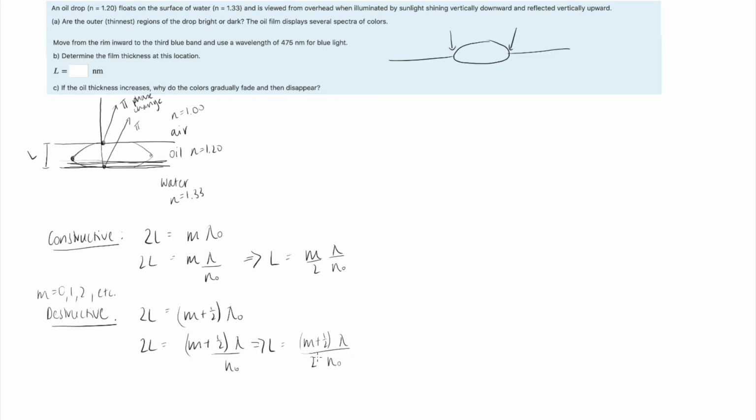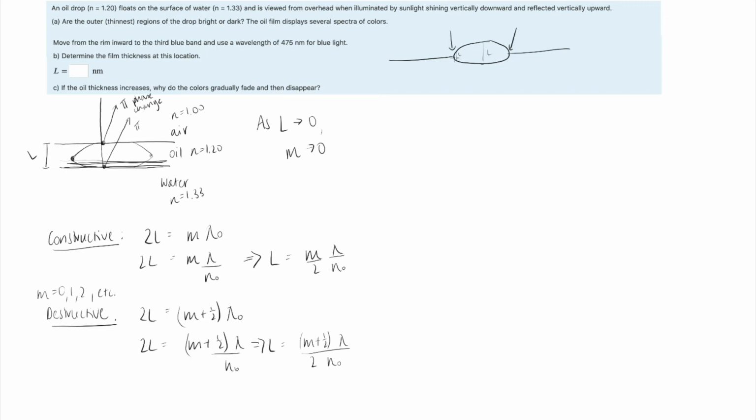Okay, so essentially, what is going to happen? We're asking what's going to happen as L approaches 0. Remember, in these outer parts, this L is quite thick here, it's quite large here, but as we get to the outer parts, what's going to happen to L? As L approaches 0, that must mean that m is going to approach 0. So as m approaches 0, our path length difference is going to get smaller and smaller.